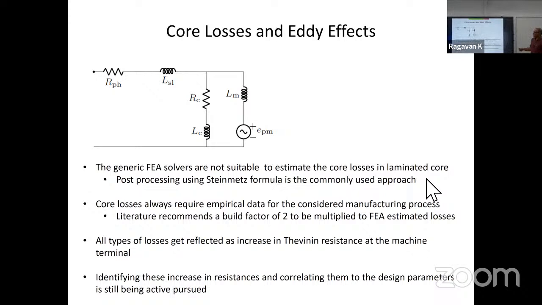However, all types of losses get reflected as an increase in Thevenin resistance at the machine terminal. This is something that can save us. Once you have manufactured the motor, you can do some stationary test or rotational test to estimate the core loss resistance or additional resistances in the machine. That is how we can guess this build factor.